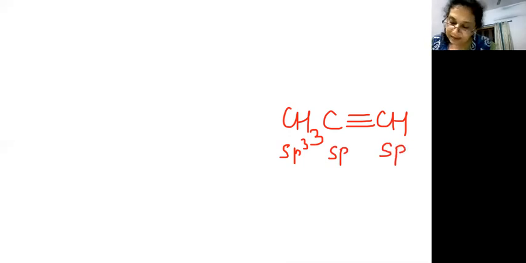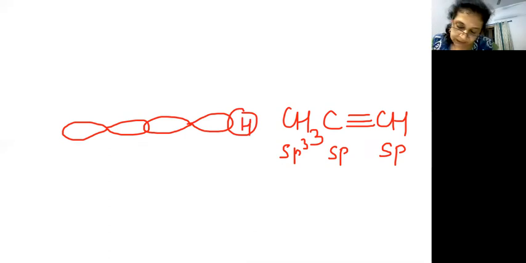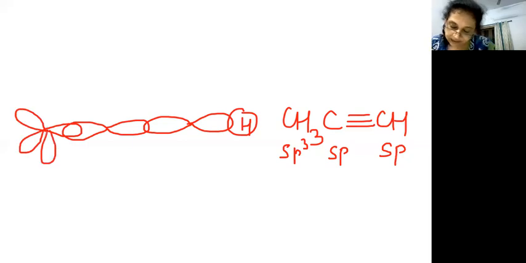So let us first make sp carbon, the other sp carbon, and then the hydrogen. And now to this sp carbon, there is a tetrahedral carbon attached. Let me make that. I've made that. Now I need to put my p orbitals.